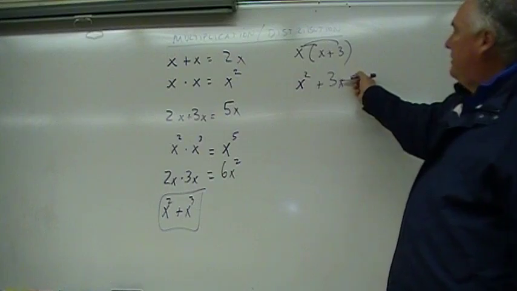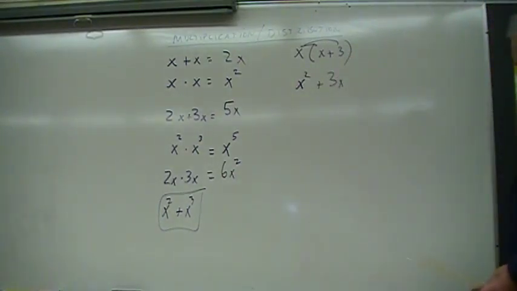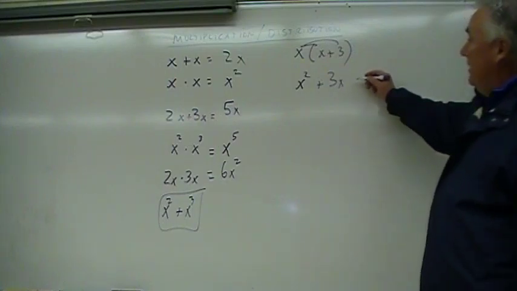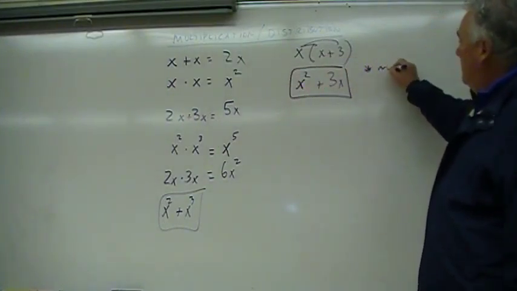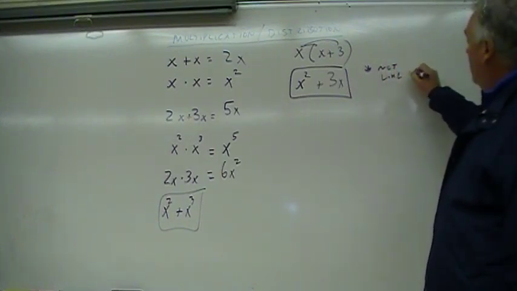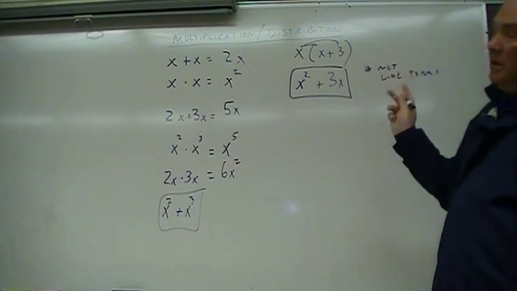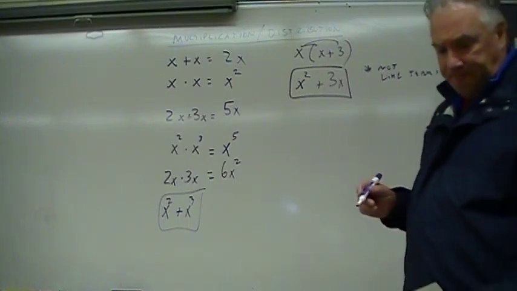X times 3 is 3x, and we have an addition piece right there. This is our answer. These are not like terms. Even though they both have x's in them, they are not like terms, so we can't add those together.